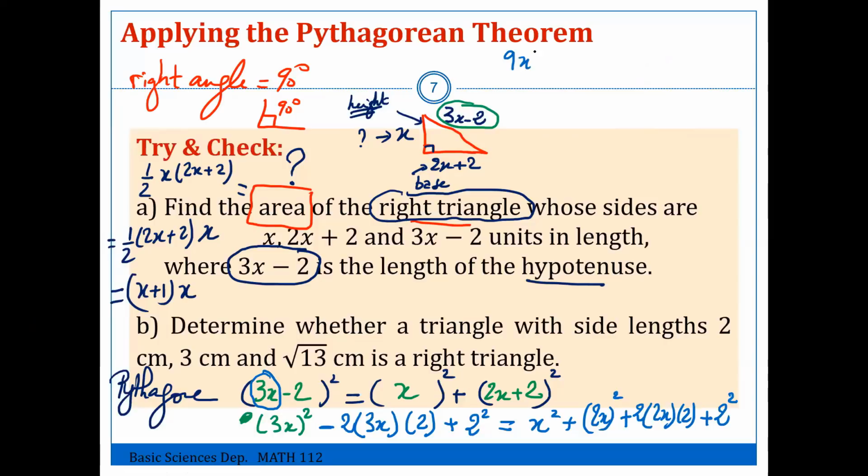We get 9x squared minus 2 times 3 times 2, 12x plus 4x squared plus 4x squared plus 8x plus 4. So how much does it give us? 9 minus 1 minus 4 minus 4, minus 12 minus 8 minus 20x, 4 minus 4 equals 0.